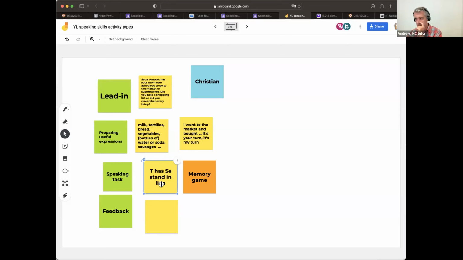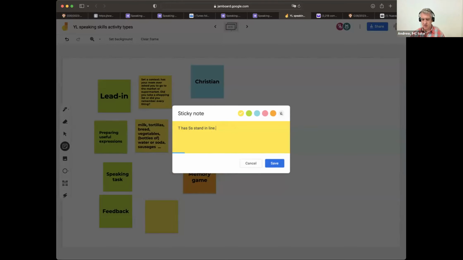And then it says it's your turn. So the student says, I went to the market and bought sausages and milk. And he whispers that to the next student. So each student has got to add an item to the list. Yeah, I think that's how it works. So you've got to sort of see whispers. Student one's ear.